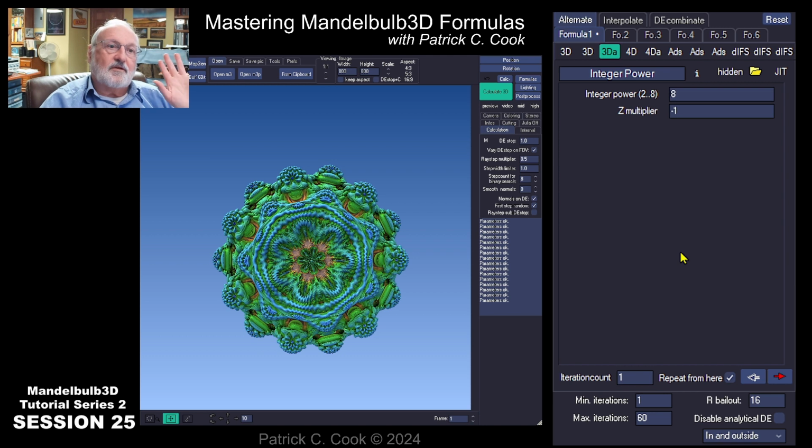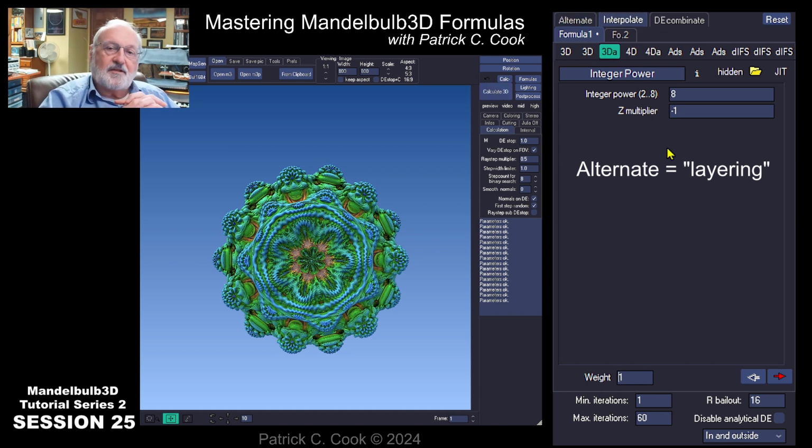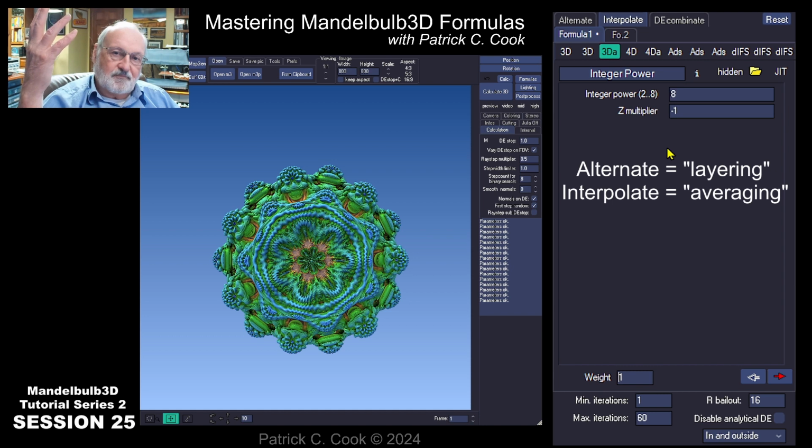Remember now, the alternate hybrid mode is a process of layering. In the interpolate mode, we get a little bit more interesting, because what's happening is an averaging. Kind of think in your head: alternate mode is layering, interpolate is averaging.